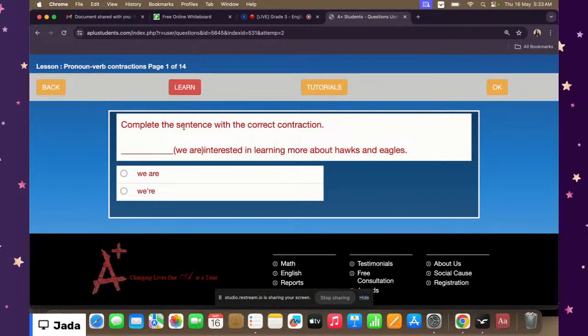What is the shortened version of "we are"? Okay, so this one is the shortened version.